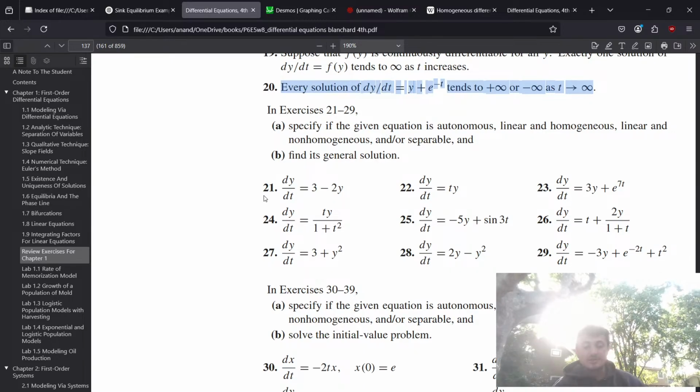Okay, so here, I do know how to do these ones, because this one's clearly separable. It's separable, non-autonomous. And then we're going to ignore all the homogeneous and linear and all that stuff, because I don't even know those definitions. So in this case, we know it's separable because f of t equals t and g of y equals y.